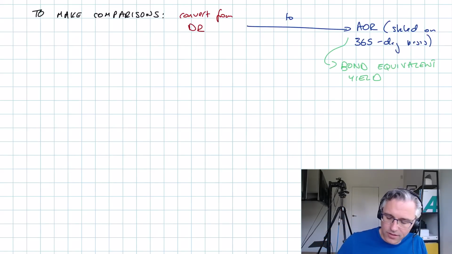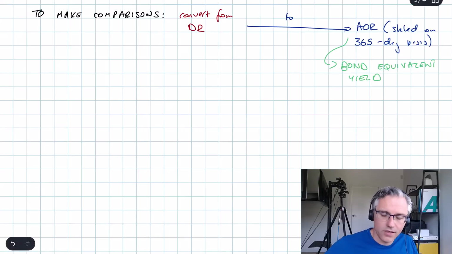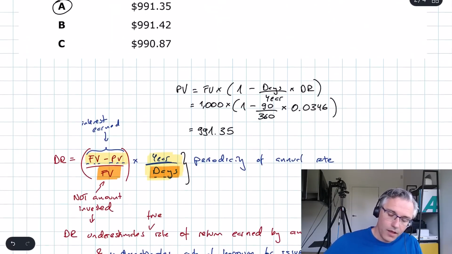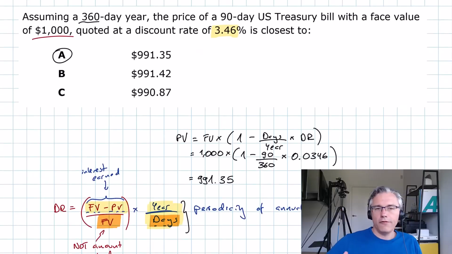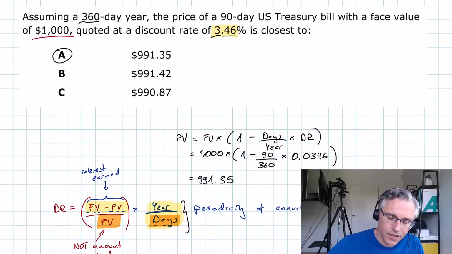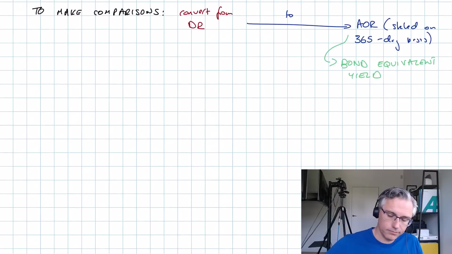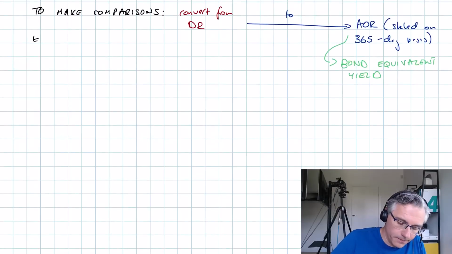So I want to do this conversion. I want to actually take the example that we had before, the first one, the question, where we had an instrument for which we were given the DR, the discount rate. We knew it was 3.46. It was a 360-day year, 90-day instrument. 1,000 was its face value. So I'm going to use that data to show you how the conversion would work.